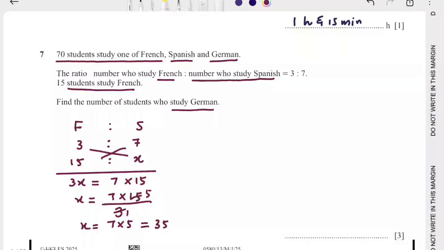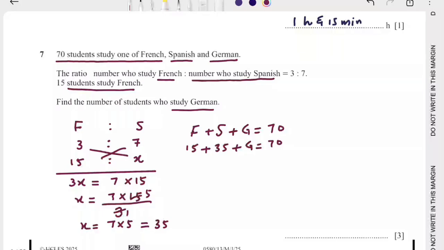Now, French plus Spanish plus German is equal to 70. So the number of students studying French is 15, Spanish is 35, but we don't have German, and the total is equal to 70.